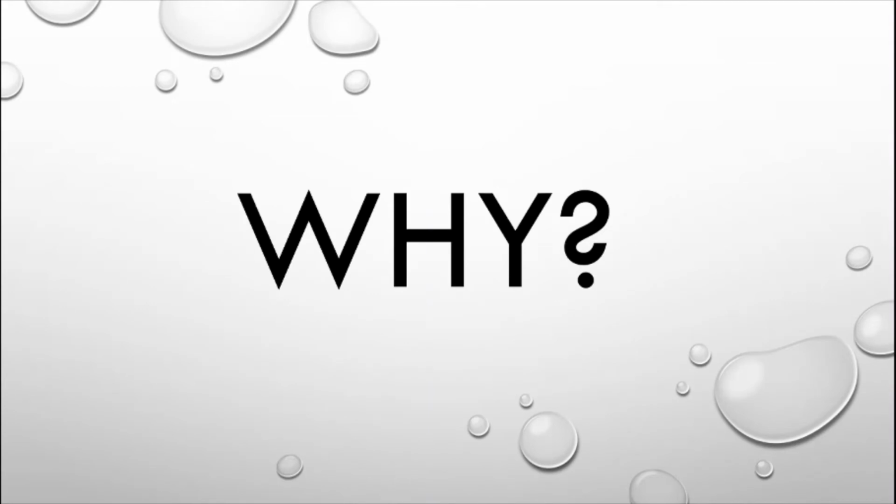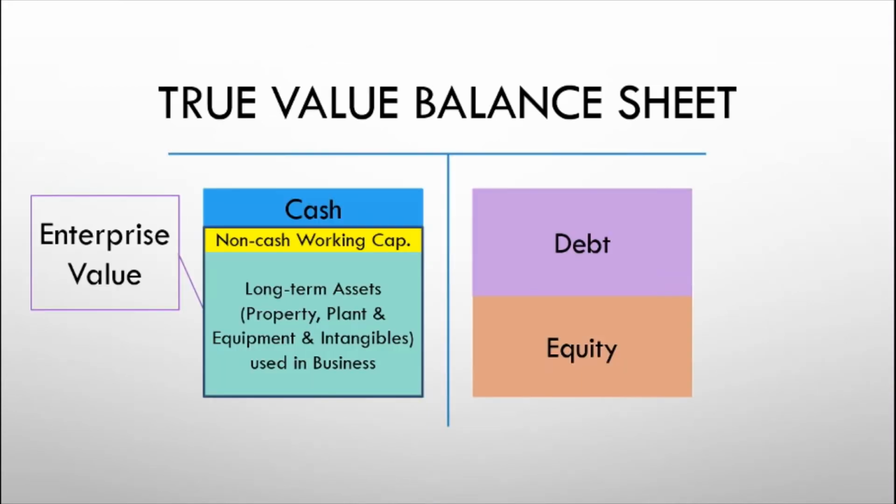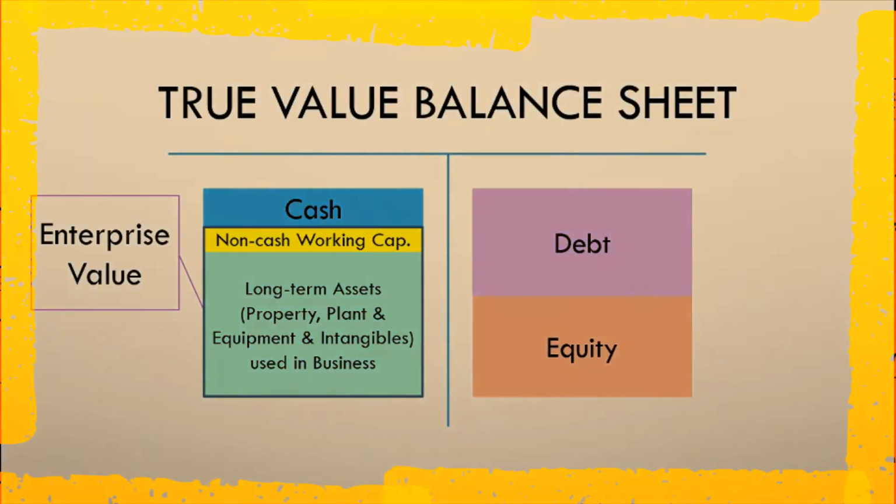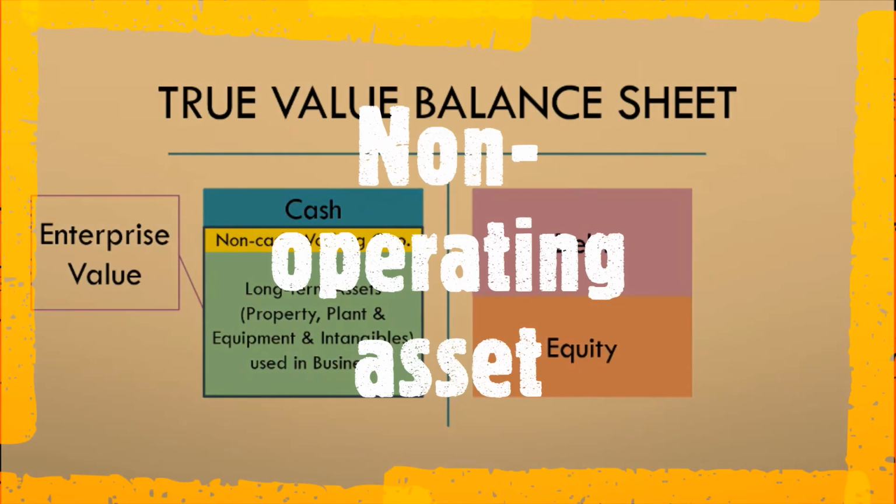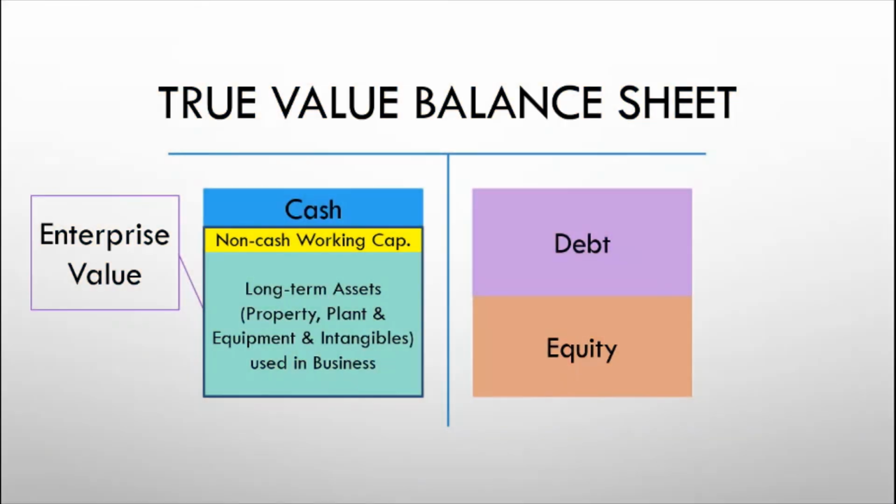In enterprise valuation, we treat cash as a non-operating asset. Again, we treat cash as a non-operating asset, something that is not used in the primary business of the company. Nowadays, it is possible for businesses to operate with very minimal cash levels.